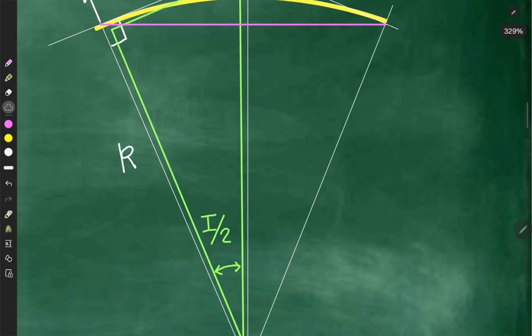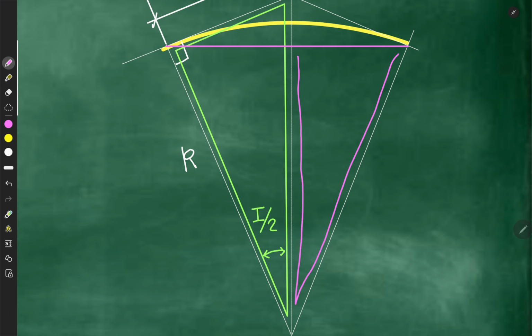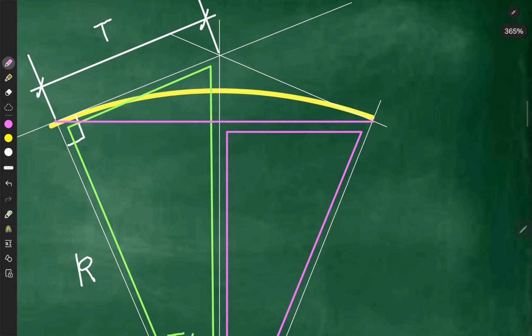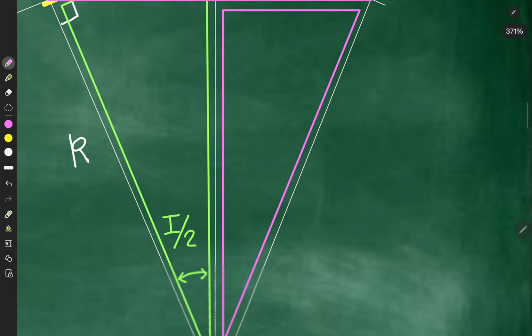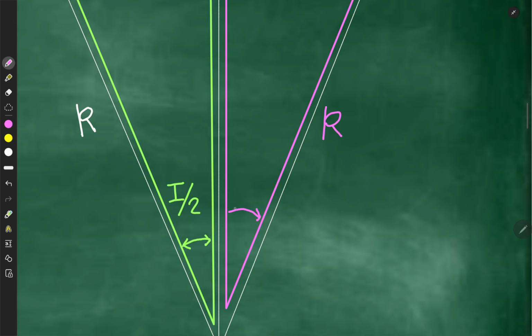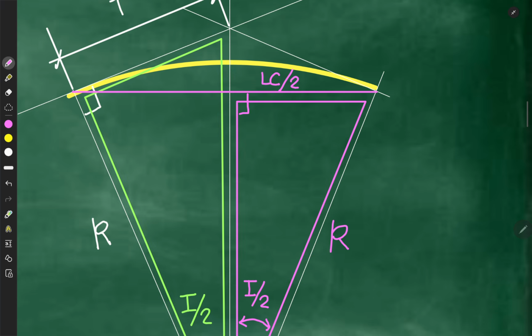So, i-consider din naman natin tong angle at tong triangle na to. So, if we are going to consider this triangle, if this is L, yung kabuuan nito, yung half na lang nito, it's just L long chord over 2. That is still our radius. This is still I over 2. Same lang if we are going to consider here. No? So, this is still right angle.